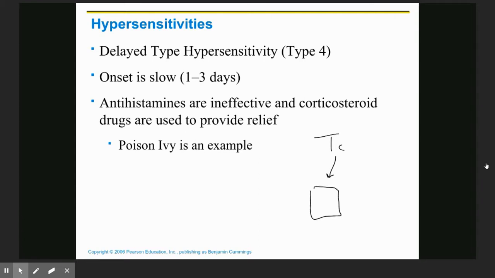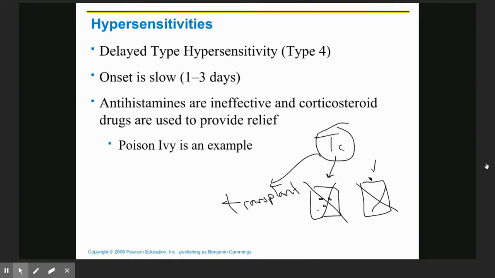And so remember, if you had something hiding in here, you would destroy that cell. But you could also destroy a cell that belonged to somebody else. They have the wrong marker on here. So if you get something like a transplant of someone else's tissue, your own T cells might destroy that transplant.